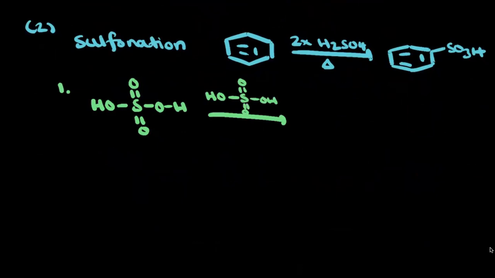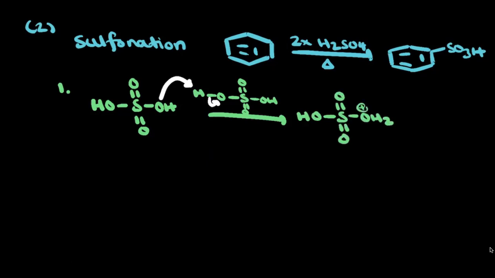So to do this, let me actually separate this out right here, like this. So we first want to activate that electrophile by taking your electrons and grabbing that proton in order to form water, again, a good leaving group. All right, and then similar to how we did before, we end up forming this and our conjugate base.